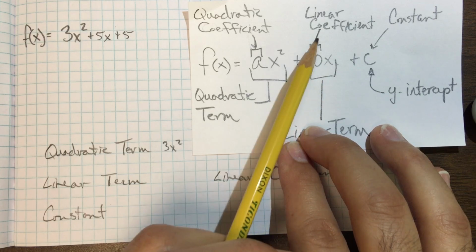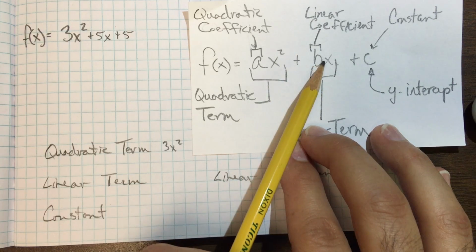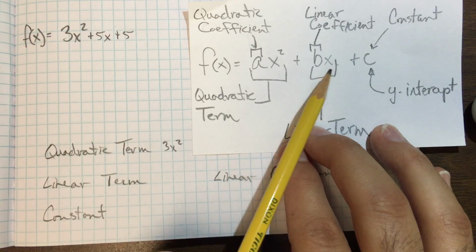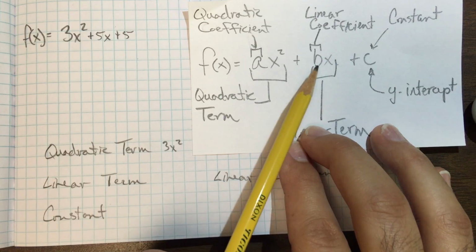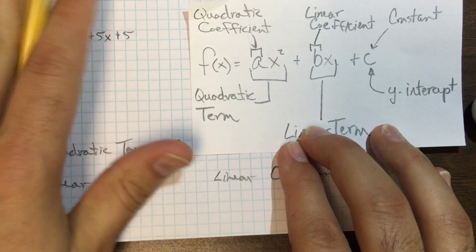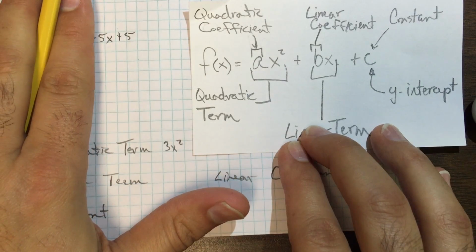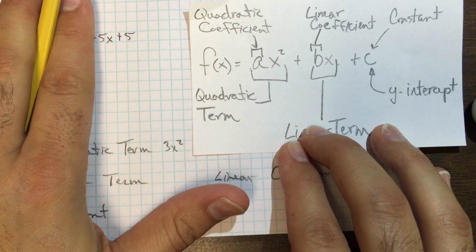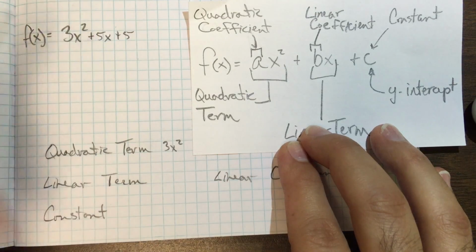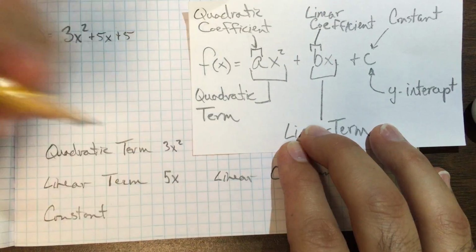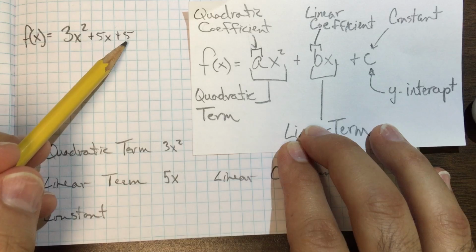M times x would be the linear part of that equation, and this is the linear part of the quadratic equation. So this would be 5x. If I cover this up, that looks like slope-intercept form, mx plus b. So this part, 5x, is our linear term, and then 5 is our constant.